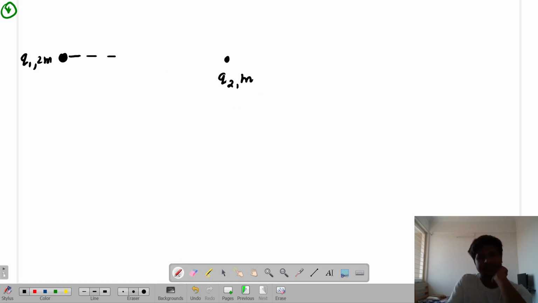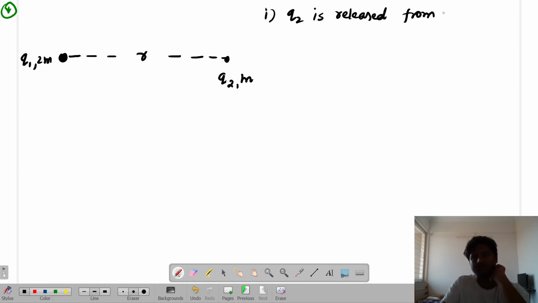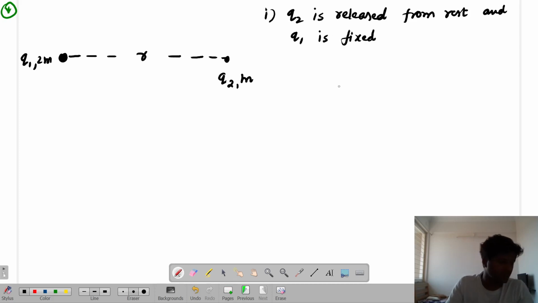They are placed on the same line, with a distance between them as r. The question is very simple. Q2 is released from rest and Q1 is fixed.